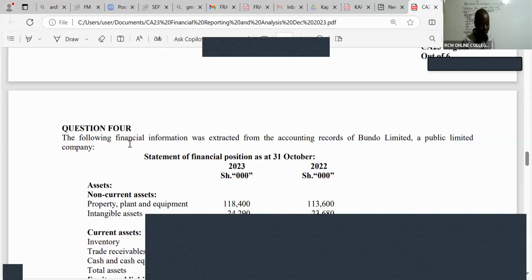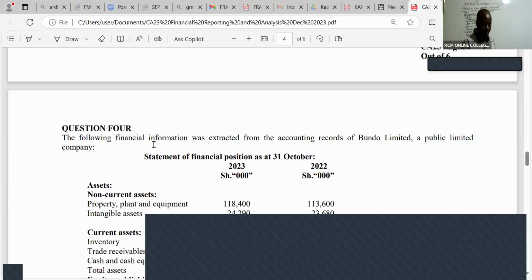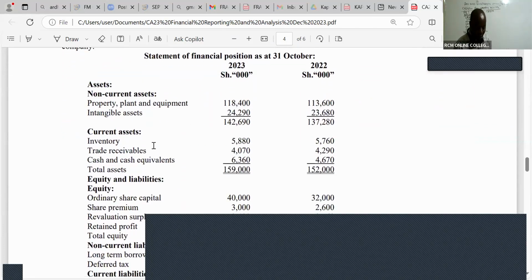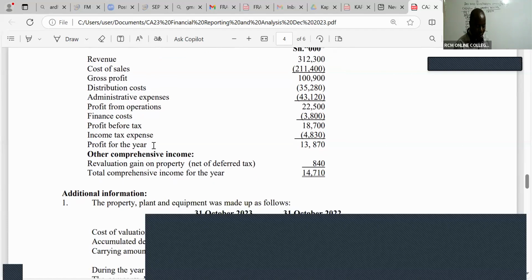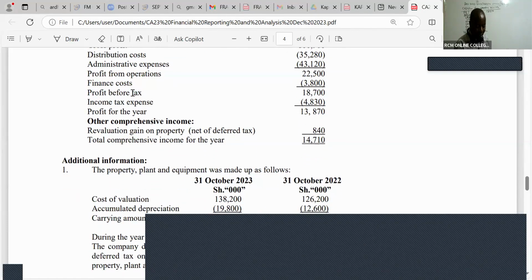We're given the following information extracted from the accounting records of Bundo Limited, a public limited company. What I'm interested in, ladies and gentlemen, will be the profit before tax. I'm picking profit for the year. It's good I shared this.